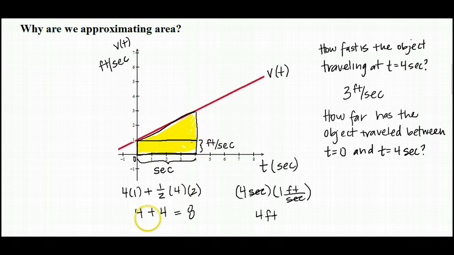So here I have 8 feet as the units of measurement of the area of the shape I just found. And it turns out that 8 feet is the total distance traveled by the object between 0 and 4 seconds. So the answer here is 8 feet, and we found that answer by computing area. So that's why we're interested in approximating the area.